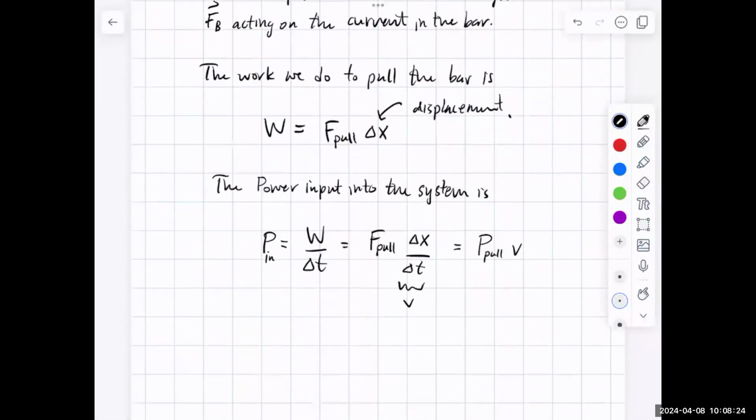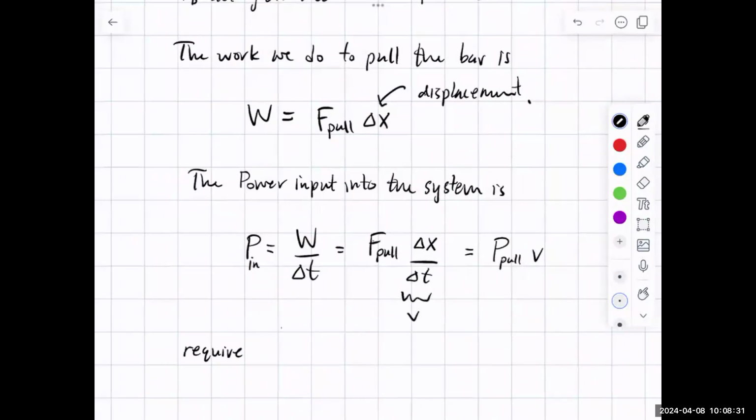So there it is. Sorry, this should be an F. This is a force. The force times the velocity or the speed gives us the power.